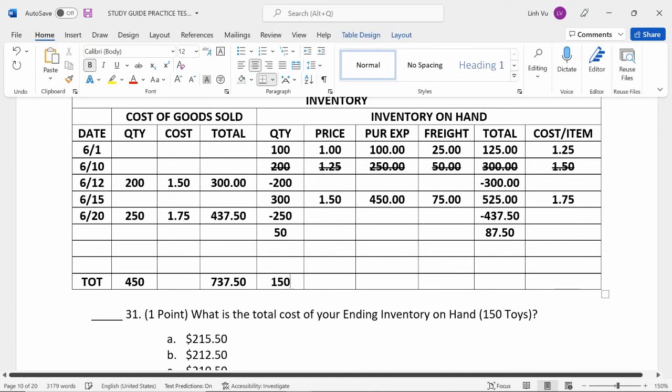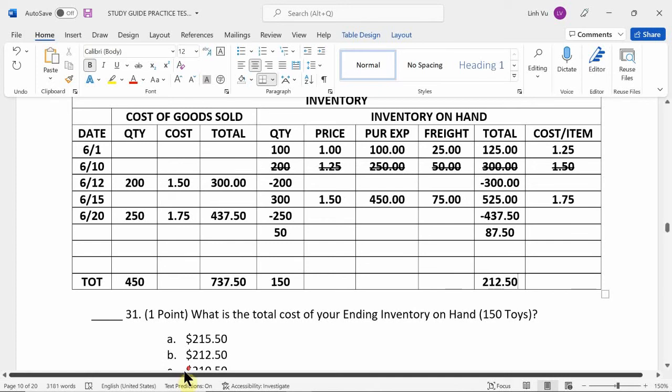So therefore, that's 150. What's my total cost? If my first batch was 125 and I have a remainder of 87.50, what's my total cost of my inventory on hand? $212.50.